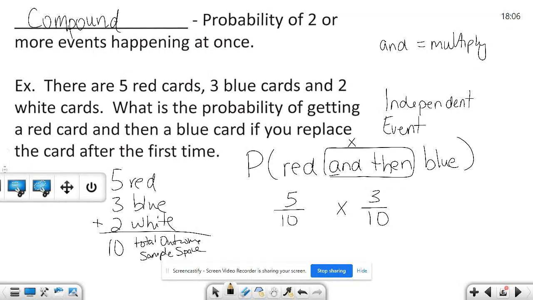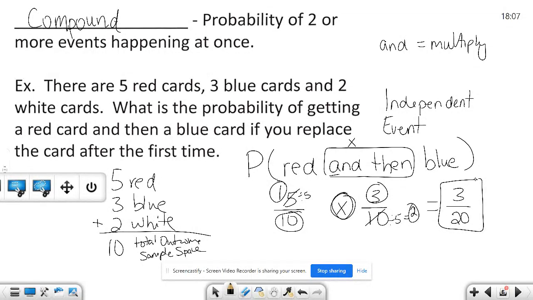So we can actually simplify this by 5 divided by 5, that equals 1. 10 divided by 5 equals 2. So 1 times 3 is 3, and 10 times 2 is 20. So the probability of this happening is 3 out of 20.